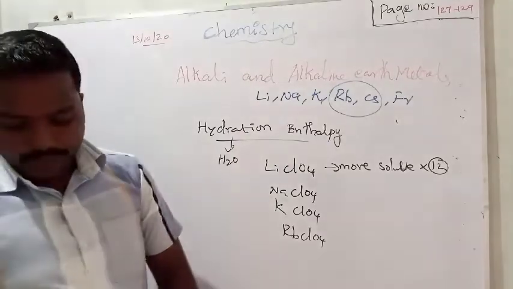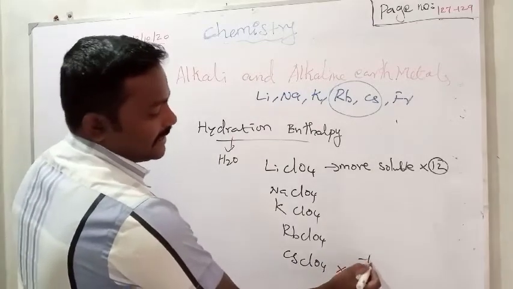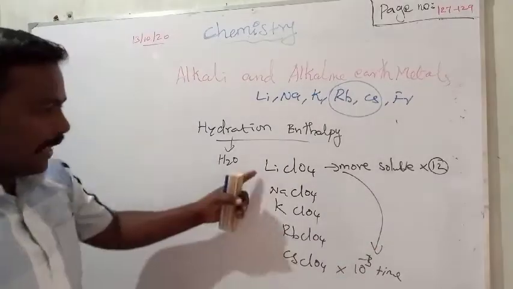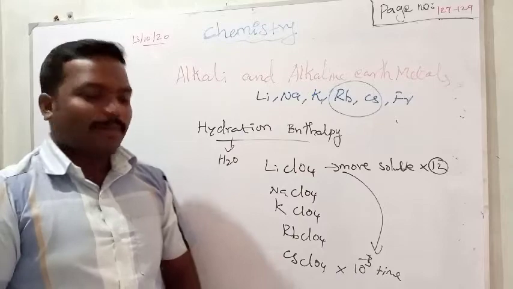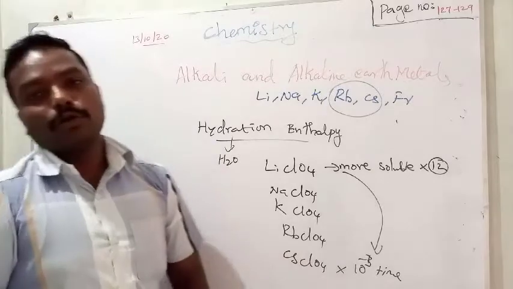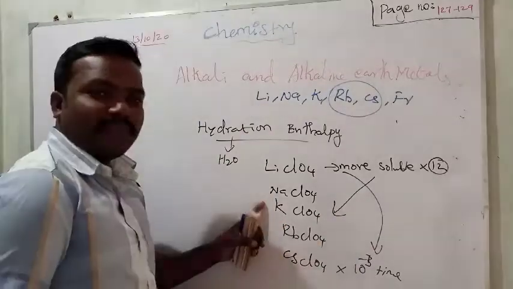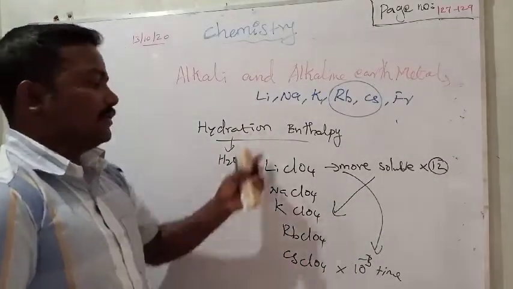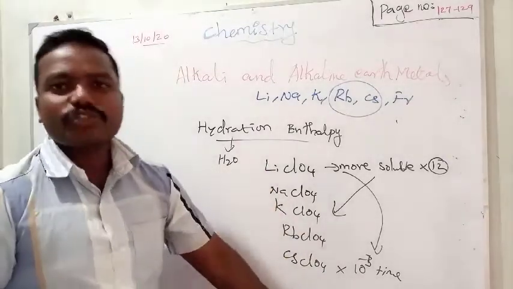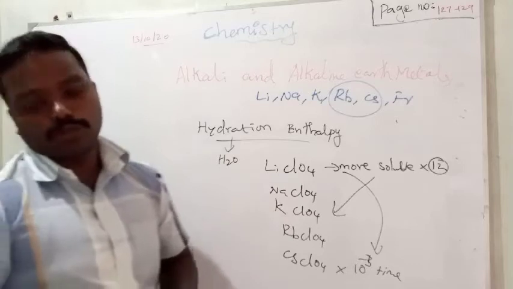See the last one, cesium chlorate, which has only 10 power minus 3 times the solubility of the lithium compound. Compared with cesium, which has very least solubility, lithium is far more soluble.